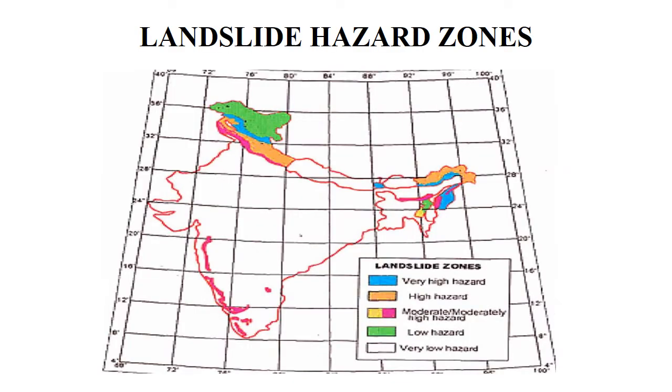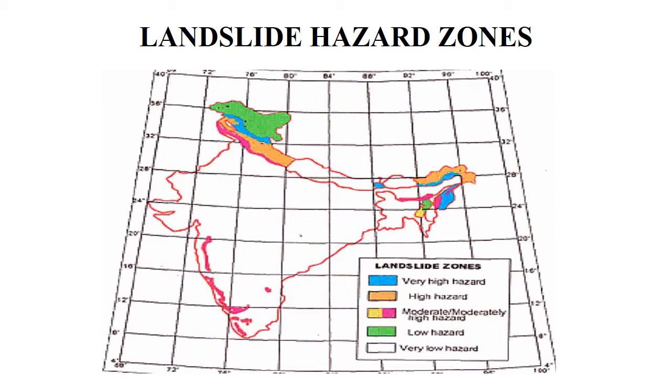So here you can see a map which basically shows various degrees of landslide zones: very high hazard, moderately high hazard, moderate, low hazard, and very low hazard. So you can see the different shades that have been provided.